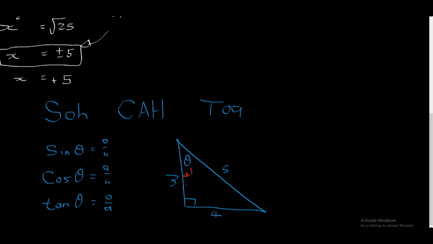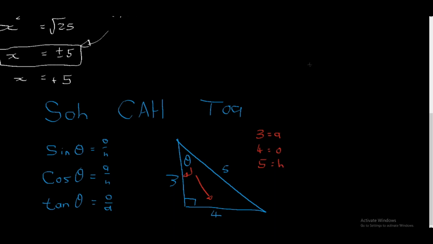Right next to him means adjacent. Very good, everyone who just said that to themselves. So we can say, well, 3 is equal to the adjacent side. 4 is across, so 4 will be equal to my opposite side. And then we have 5, which will be equal to my hypotenuse.